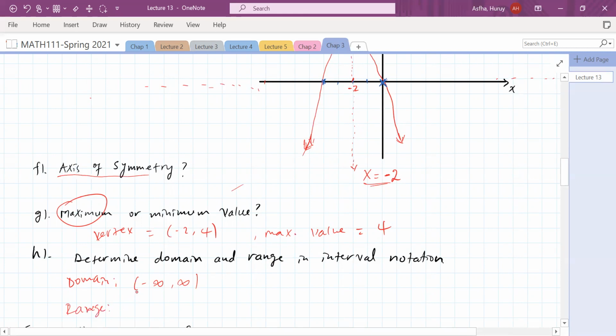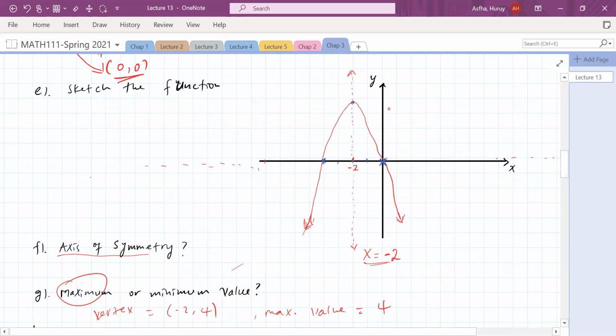And how about the range? To determine the range of the graph, you look at the y values that this function covers. So the y value starts from here, and this is 4, and it does not go above this one. It goes below this one. So if I go down here, we have a graph corresponding to each and every y value below 4, and 4 is included.